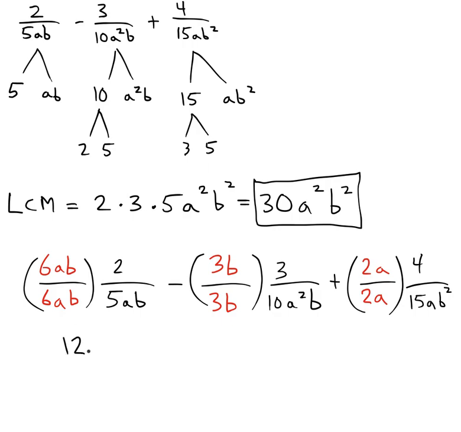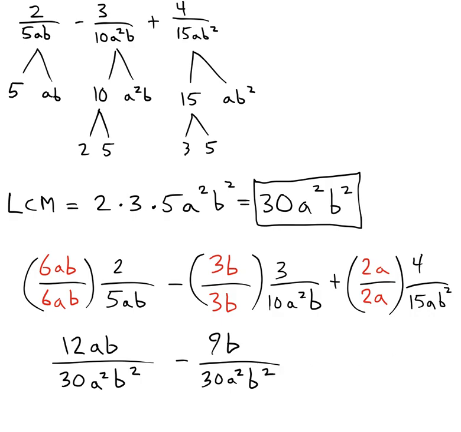We'll get 12ab over 30a squared b squared. We'll get 9b over 30a squared b squared. And here we'll have 8a over 30a squared b squared.